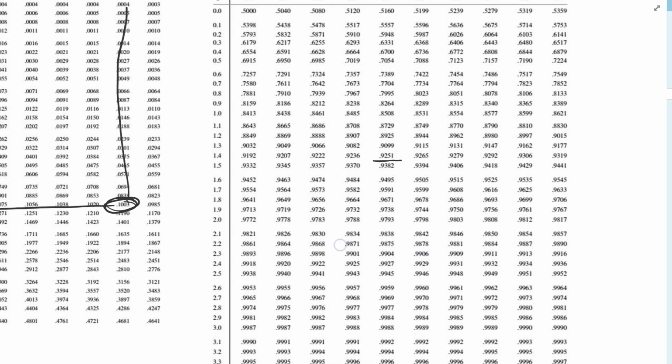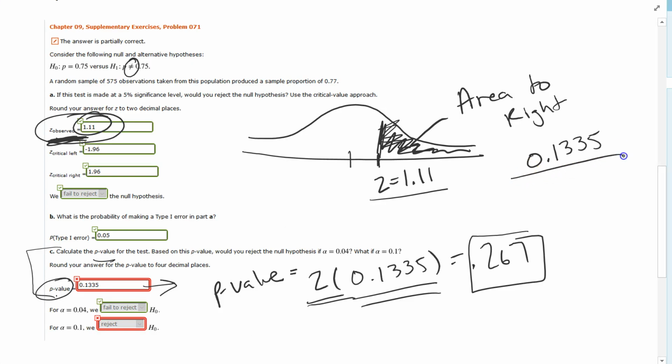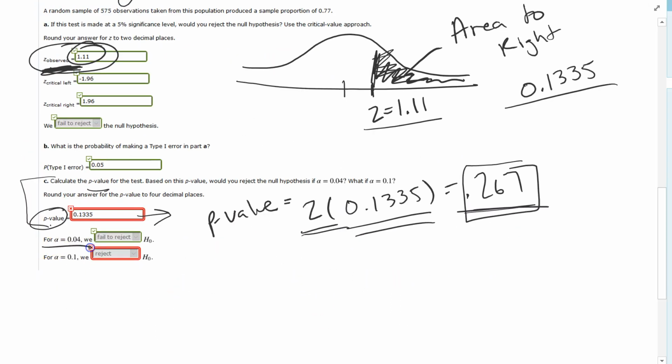So 1.11 would be this area, but this area is to the left. So if you take 1 minus 0.8665, that gives you 0.1335. That is the area to the right. If you multiply that by 2, you get the p-value, which then lets us talk about the alpha value.